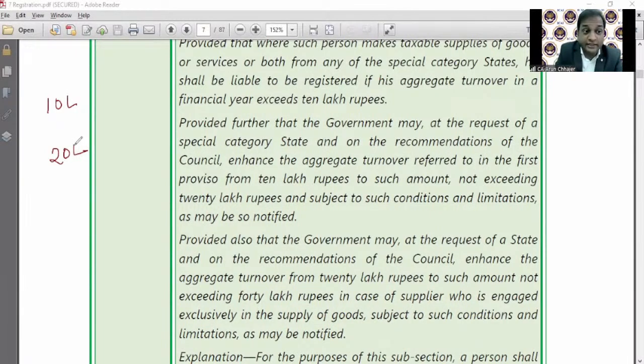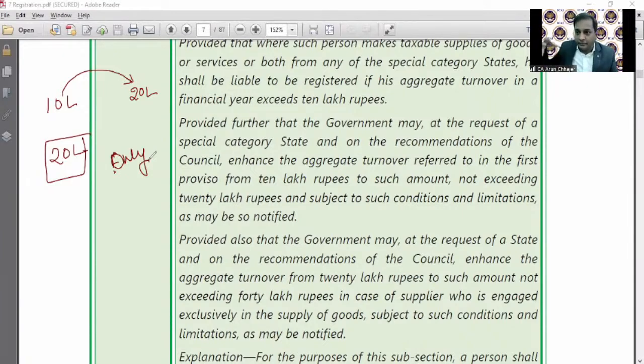The third point, a special category state has the power to enhance their limit from 10 to 20. And if you are providing only supply of goods, Vedant has asked the question, what does it mean exclusively supply of goods?